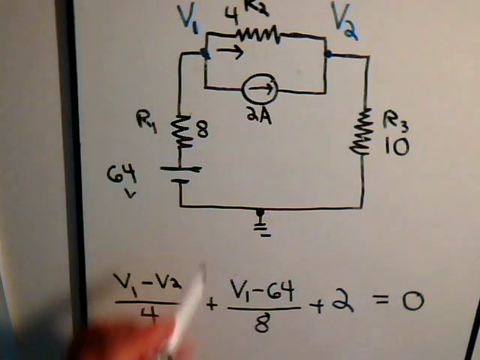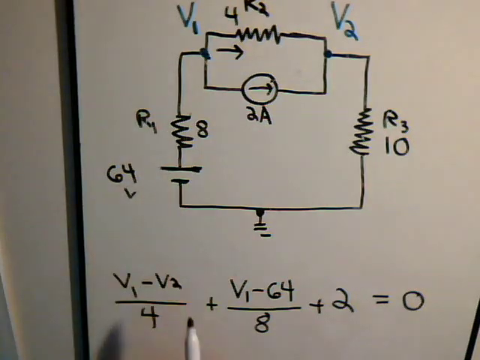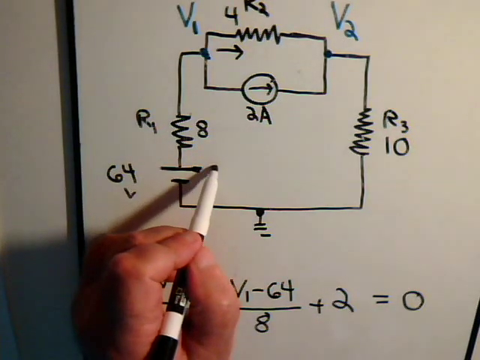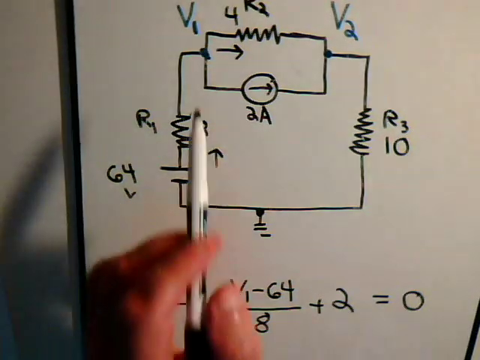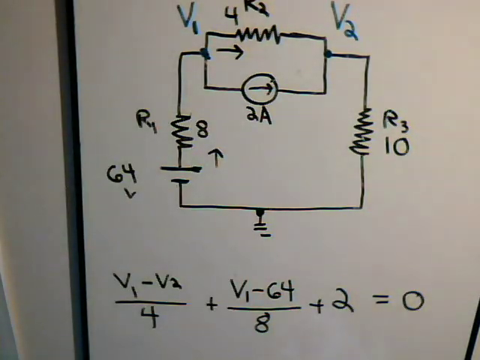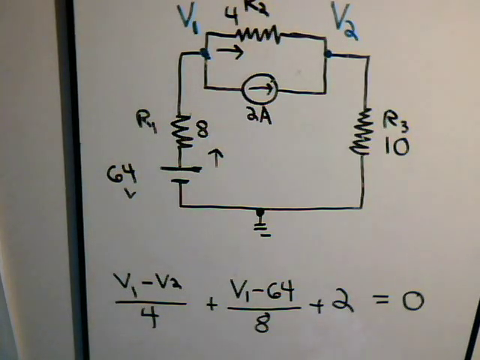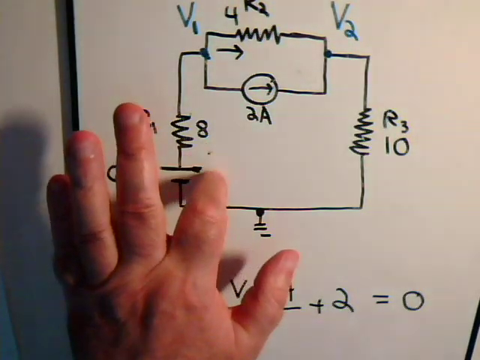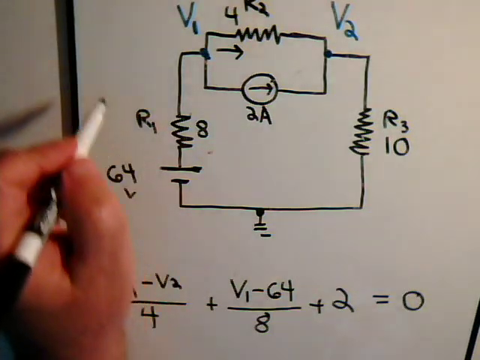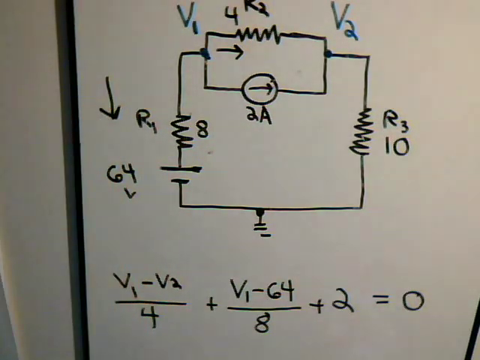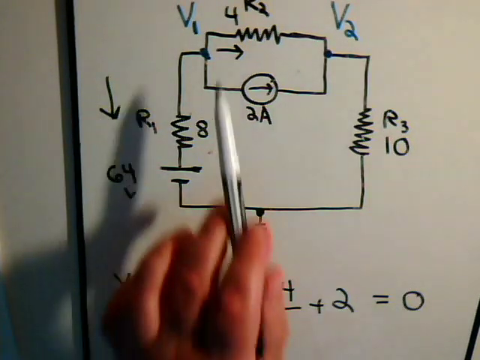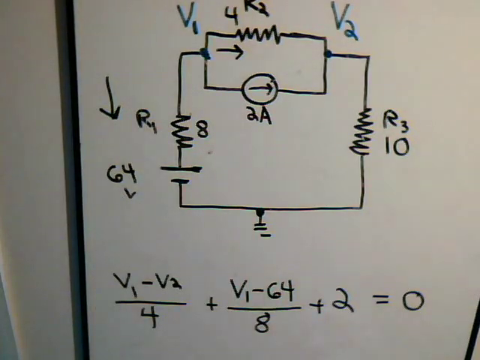Okay, and again, here the battery with this positive polarity will be pushing a current in this direction. And again, when we set the problem up, we're assuming that the net flow of the current is in this direction. So the magnitude of that current would be V1 minus 64.